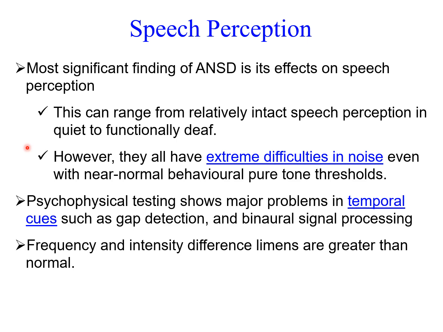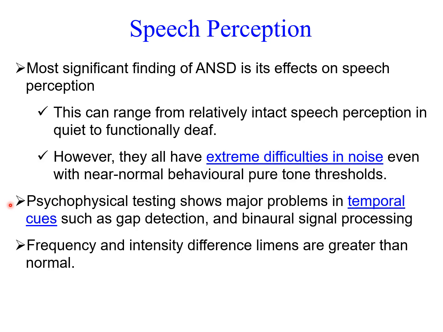So regardless of whether their pure tone behavioral thresholds are normal or functionally deaf, they all have extreme difficulties detecting sounds in noise. Again, this is the problem of neural dyssynchrony. This is probably the common and most important finding for patients with auditory neuropathy. They all have extreme difficulties in speech perception in noise.